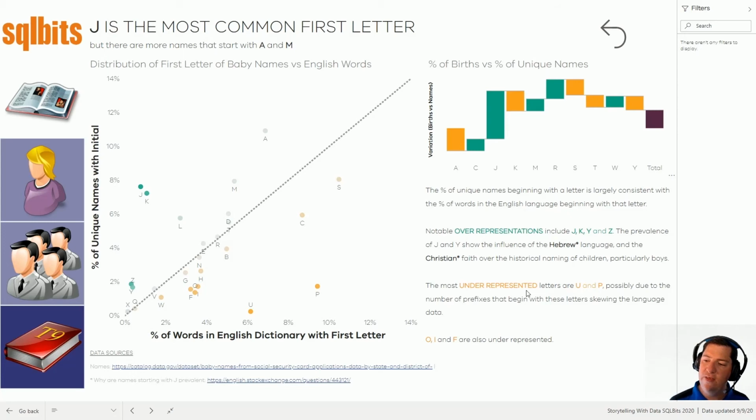And then the other one, of course, in terms of the underrepresentation, U and P, I can't find any proof of this, but from a little bit of research that I did and some things I read up, U and P are the two most popular letters for prefixes to start with.